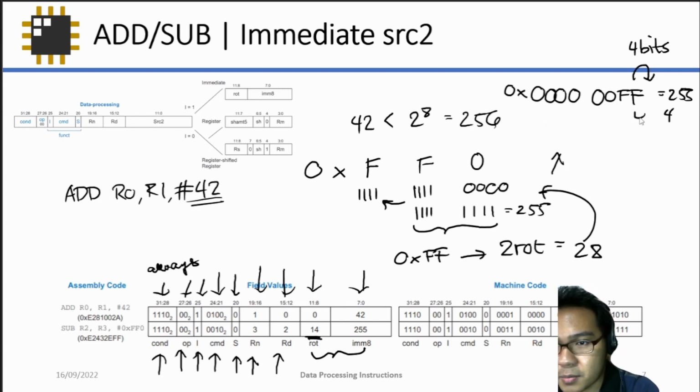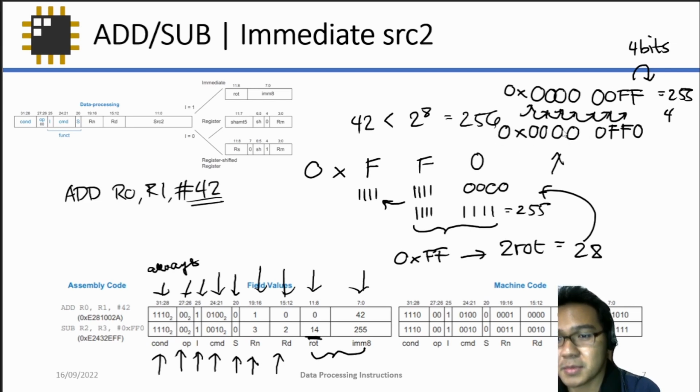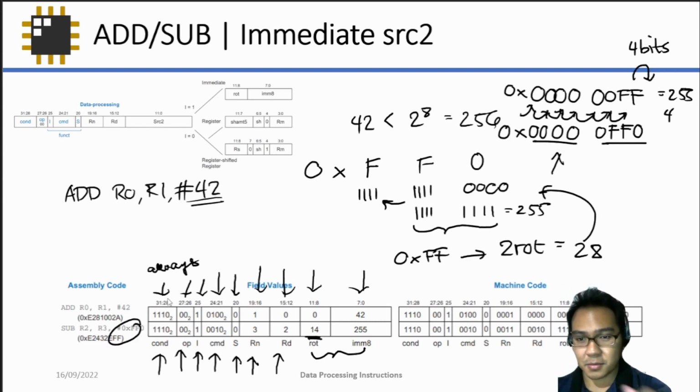So that's 4, 8, 12, 16, 20, 24, 28. Okay, so with 28, we end up with 0x00000FF0. And this is exactly what this was. So that's what we wanted all along. I hope that makes sense.